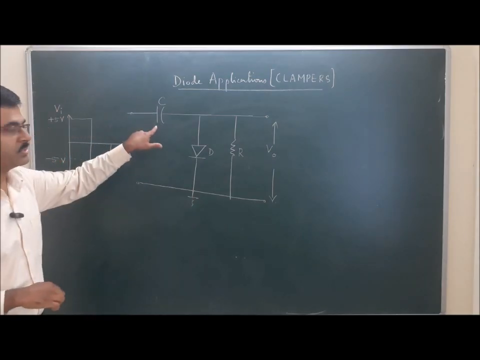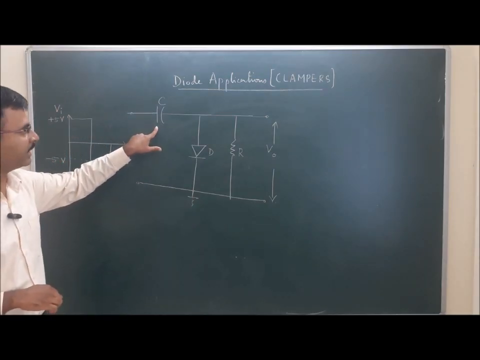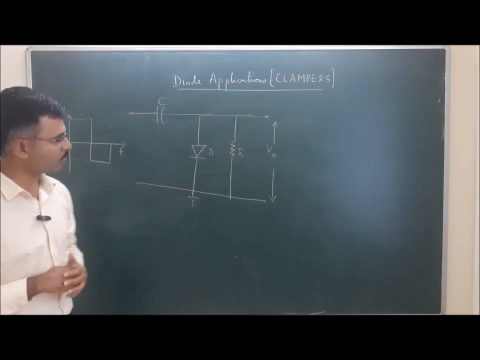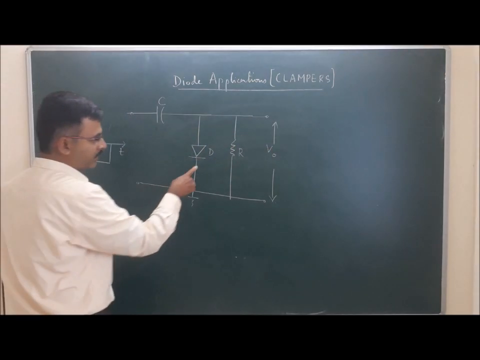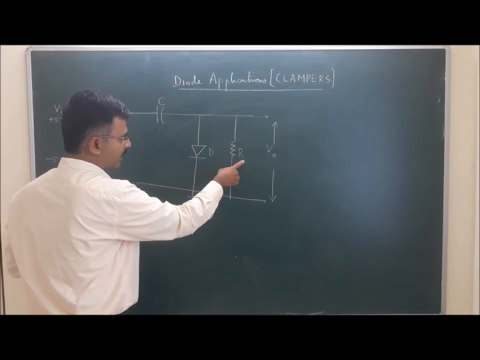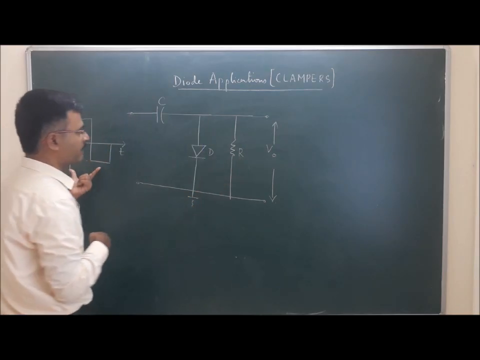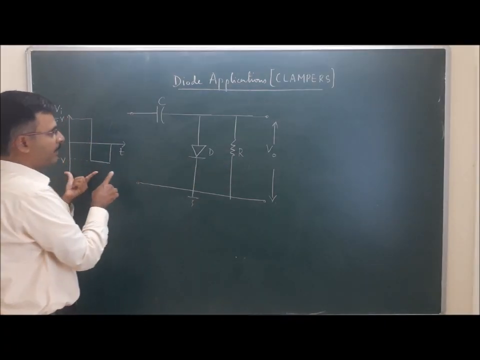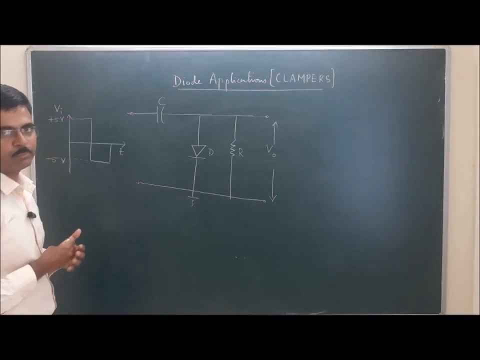The capacitor is connected between the input and the output, while the diode and the resistor are in parallel with respect to the input signal.